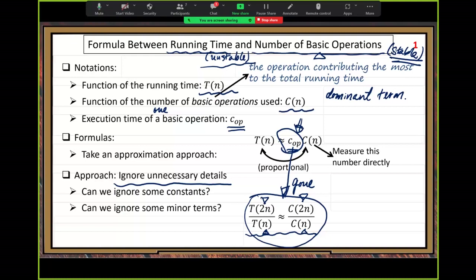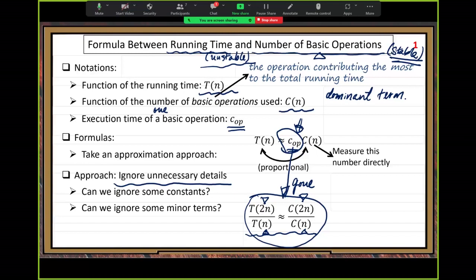So when we double the problem size, the ratio of the T function is approximately the same as the ratio of that C function, the capital C function. Same ratio. So the same increasing ratio.